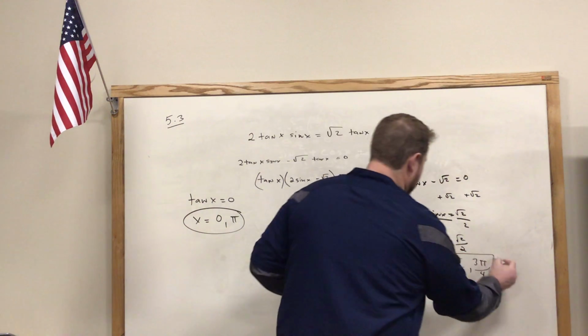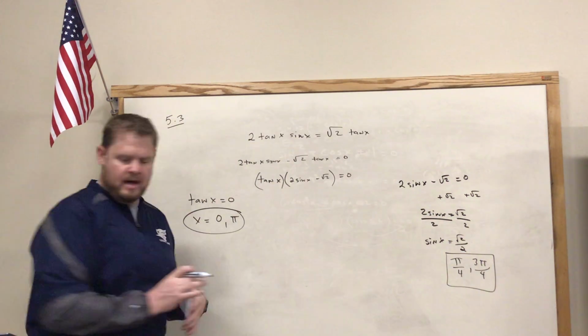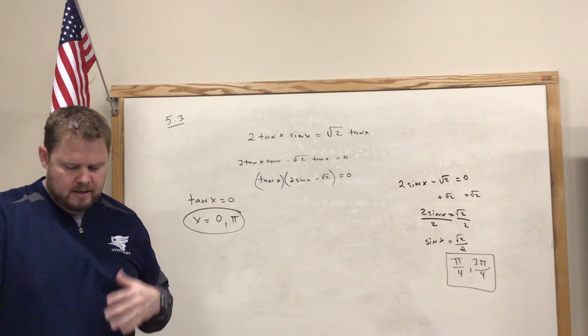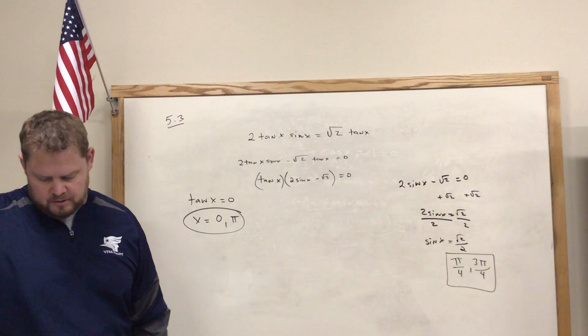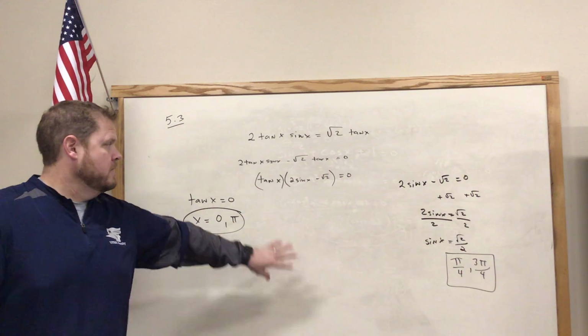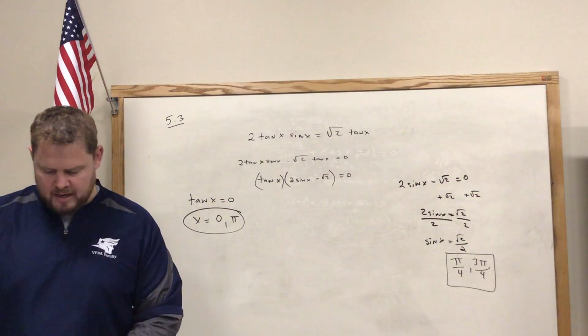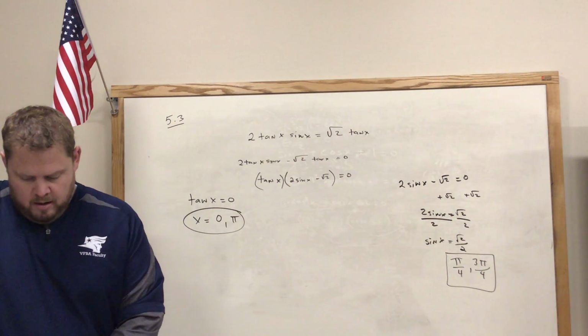Okay, so in this case, you have 4 answers that will work graphically for our equation, because those are your zeros, essentially. All right? Any questions about how we would do this? I'll give you a second to write that down in case you want to follow along.